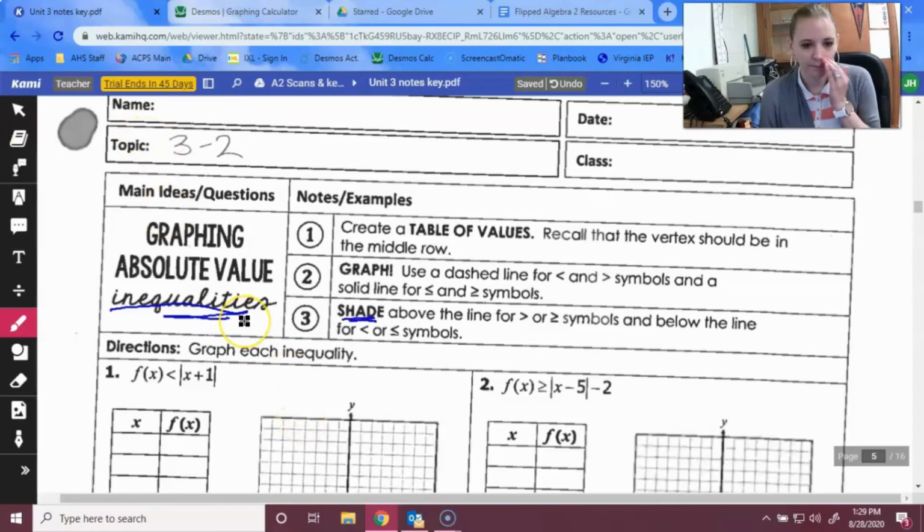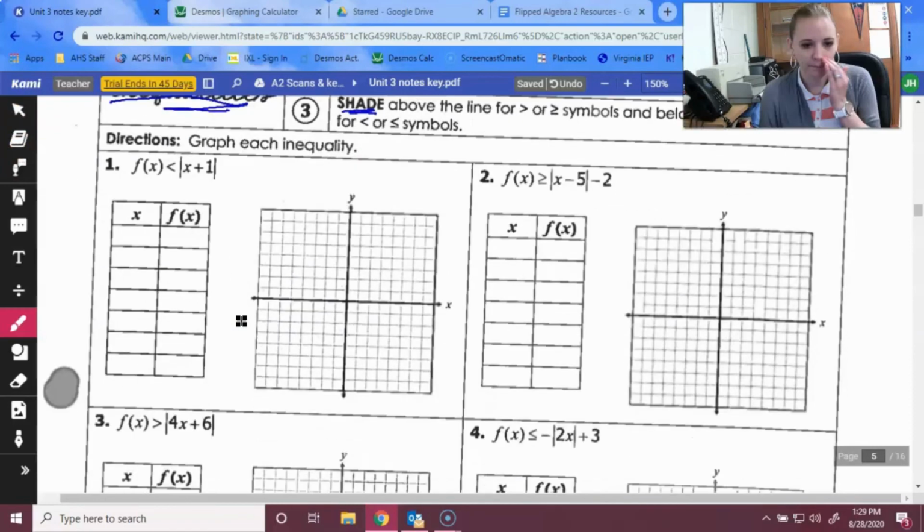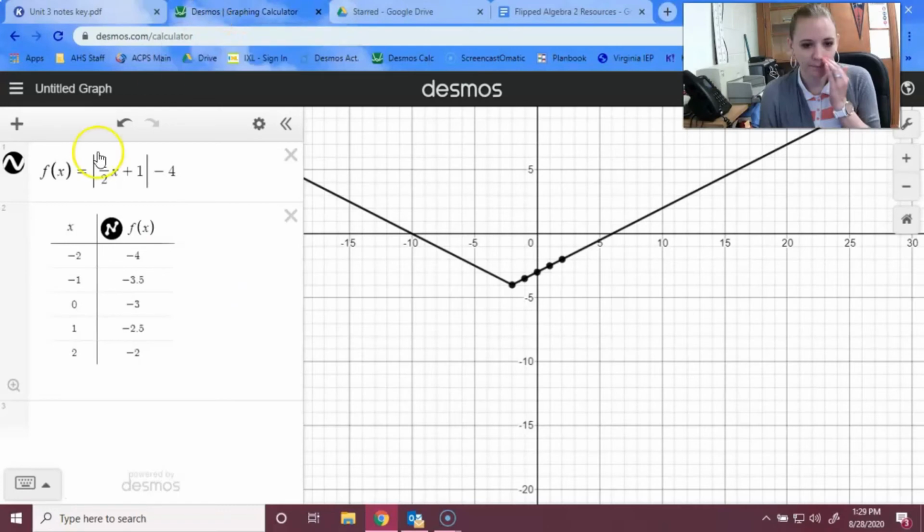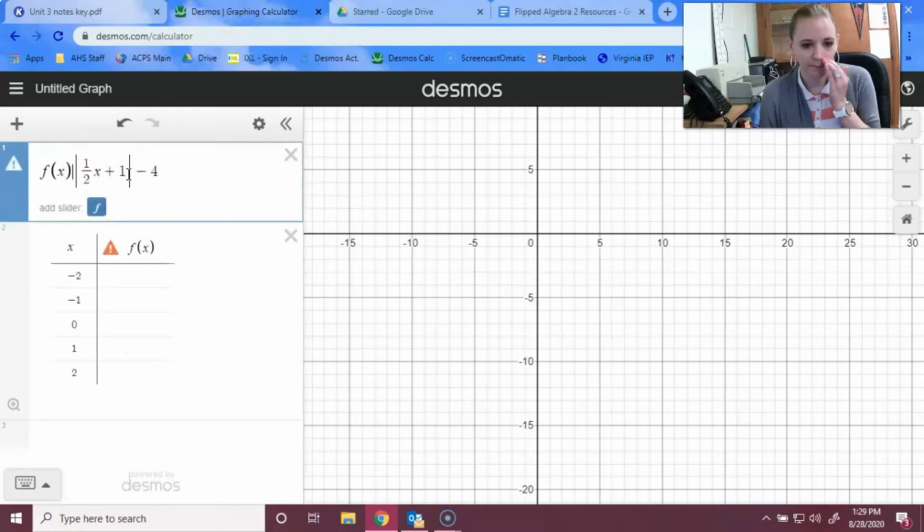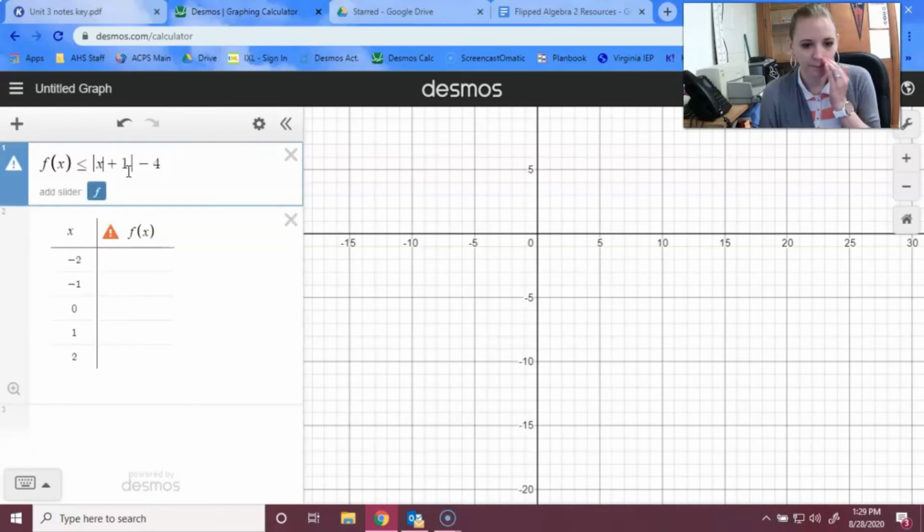So let's get started. Go ahead and pull up Desmos, and let's go ahead and graph the first one. Just see what it looks like. F of x is less than, so I'm going to change this to less than, and then I push the equal symbol on my keyboard, and the equal bar will show up. Absolute value of x plus 1. Let's delete all this other stuff.